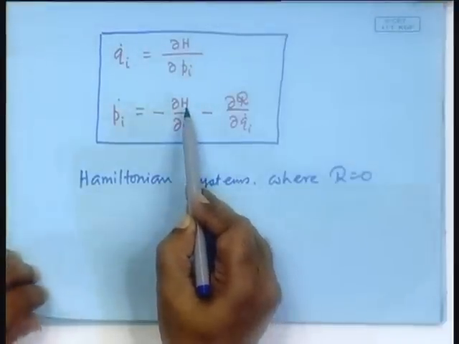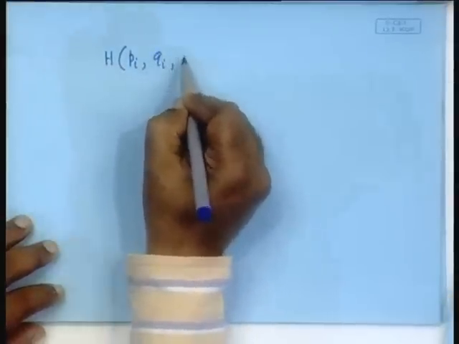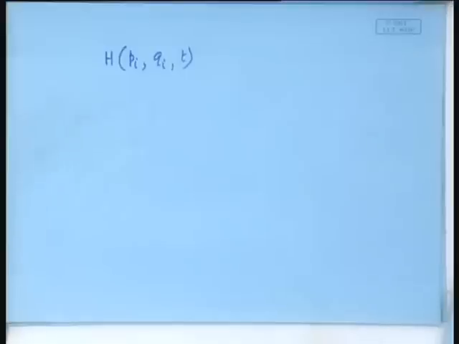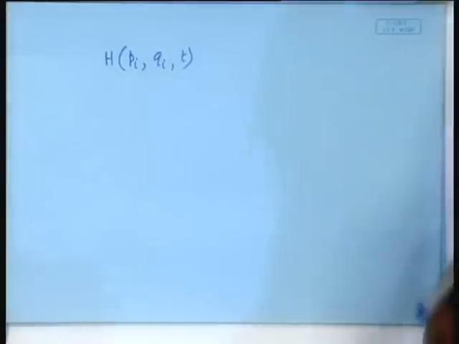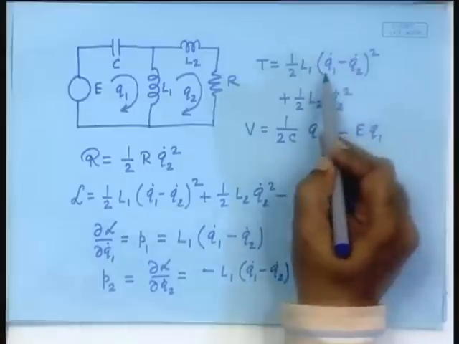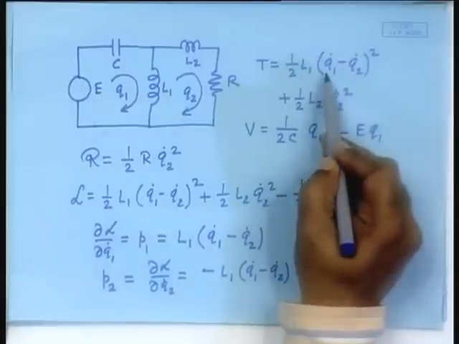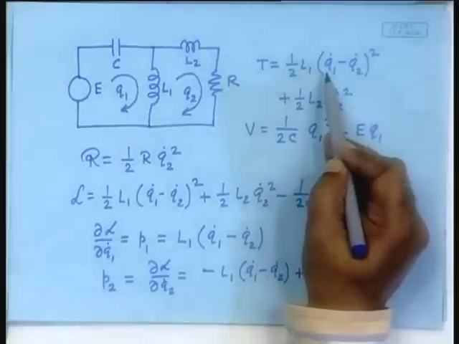So, H has to be expressed in terms of Pi. The problem is that if I simply write it as T plus V, it is expressed in terms of Qi dot, not as Pi. So, the first task will be to express it in terms of Pi, clear. So, that is what we have to do first.